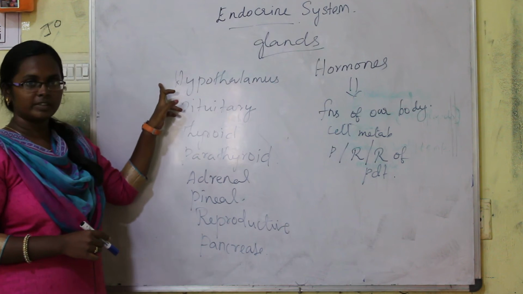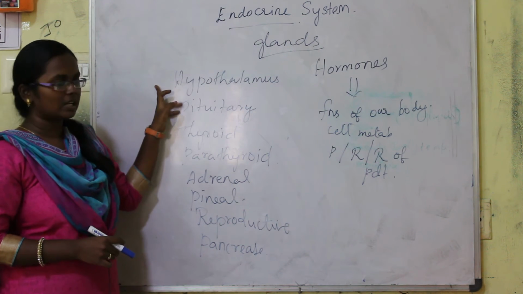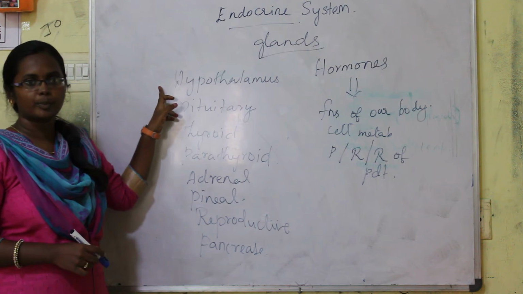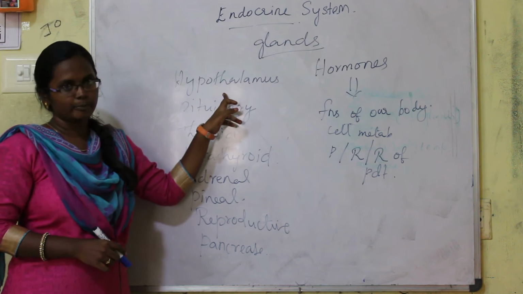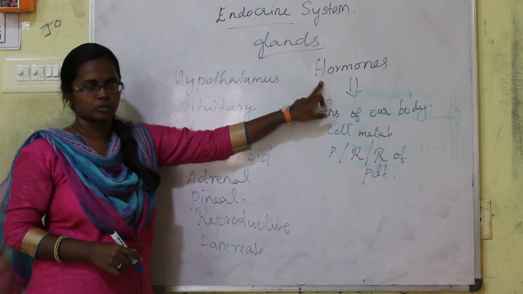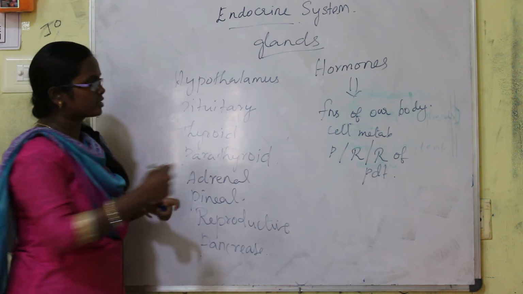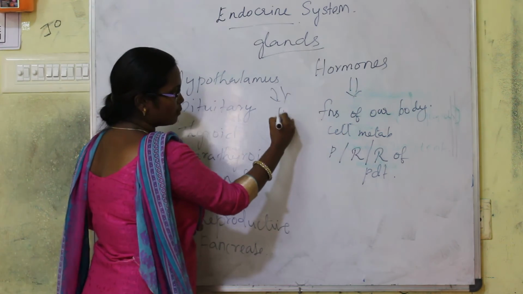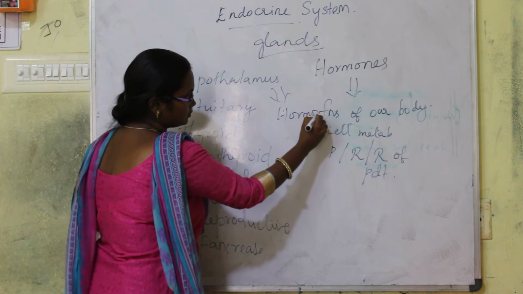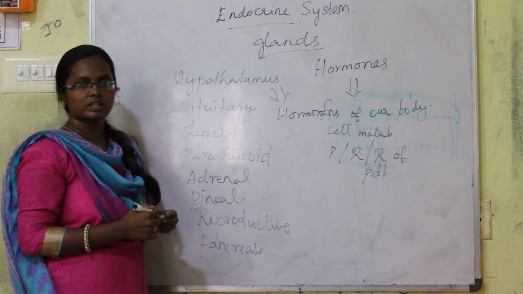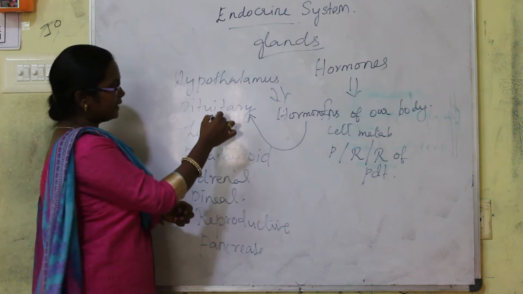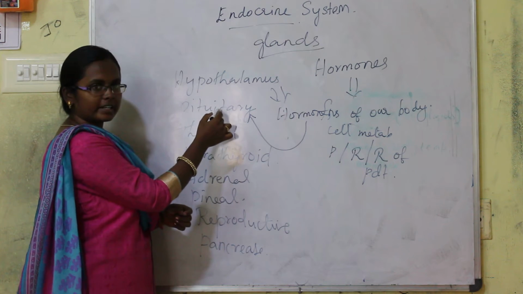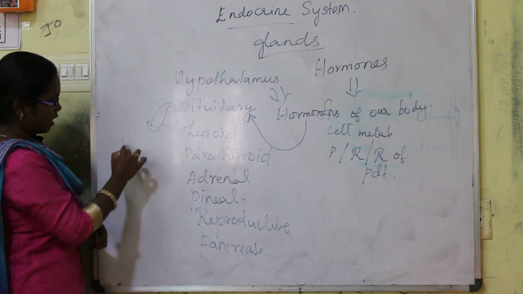We start with hypothalamus. Hypothalamus is the major part of this endocrine system. It is the starting place of producing hormones. The hypothalamus secretes some hormones that go directly into the pituitary gland and stimulate it to secrete hormones.